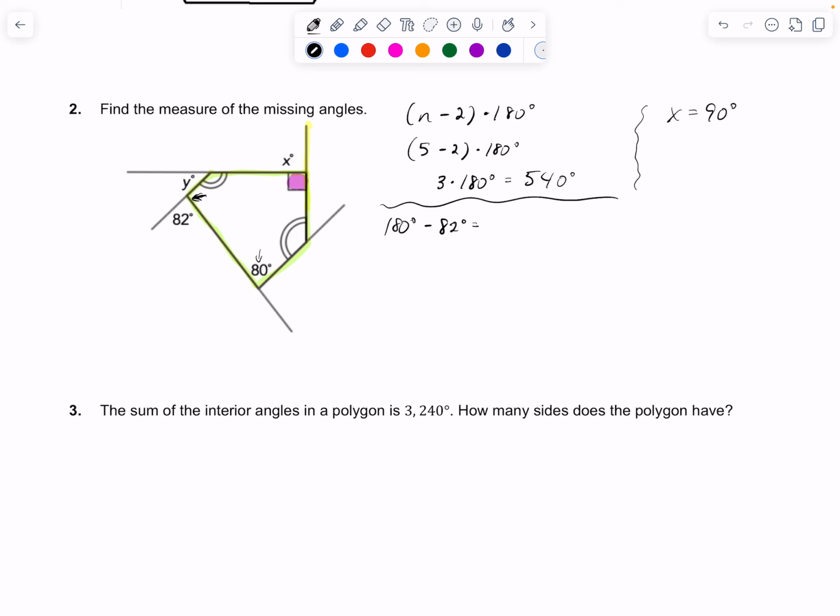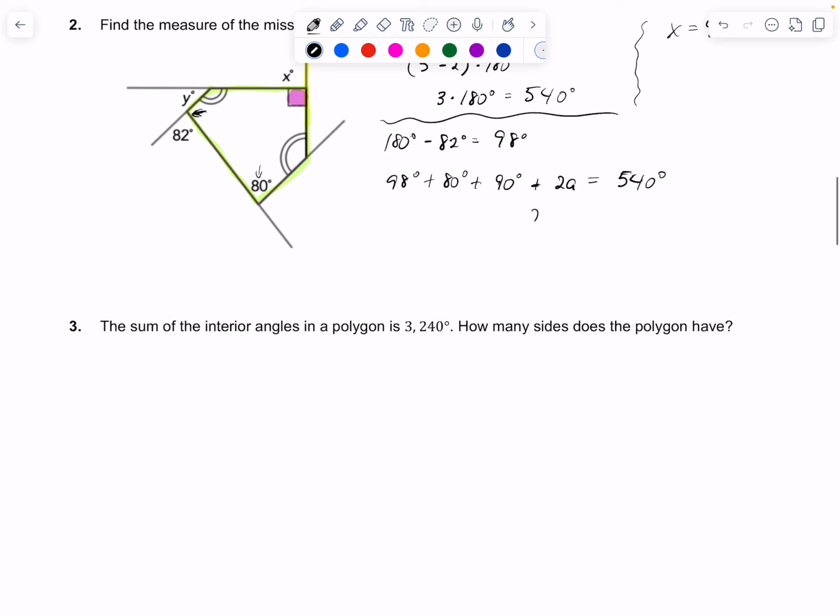All right, so that's going to be 98 degrees. Okay. Have 98 degrees plus 80 degrees plus 90 degrees, and then plus, I'll just say 2a since I've already used X. That has to be equal to 540 degrees.